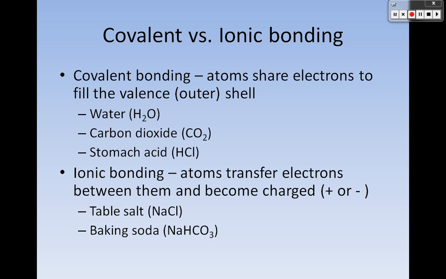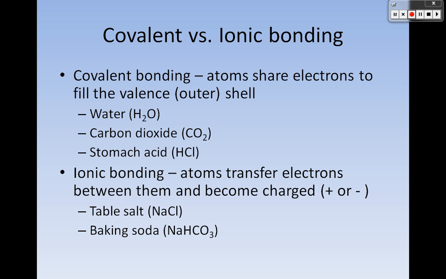Electrons are negative, so if atoms gain electrons, those atoms become negative. If atoms lose electrons, because they're losing negatives, they become positive. Positive and negative charges attract, and you get what's called an ionic bond, which incidentally is much stronger than a covalent bond. Ionic bonds are stronger than covalent bonds.